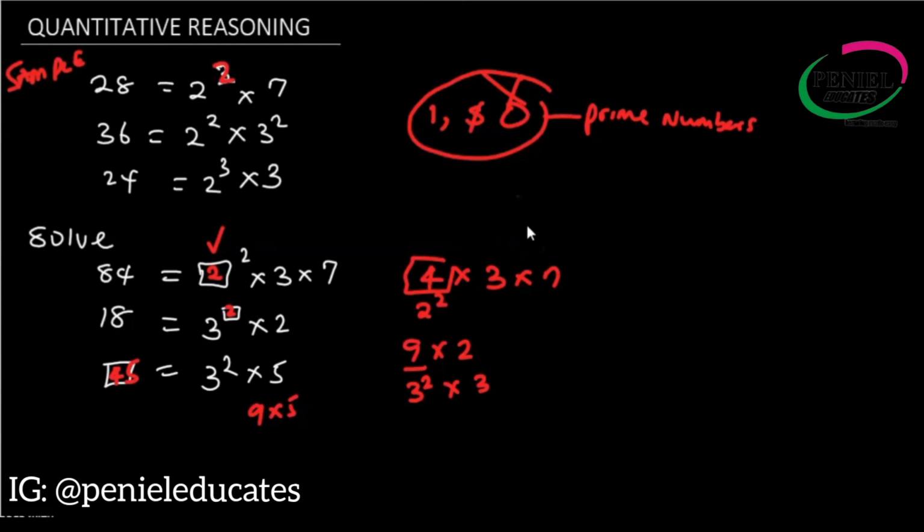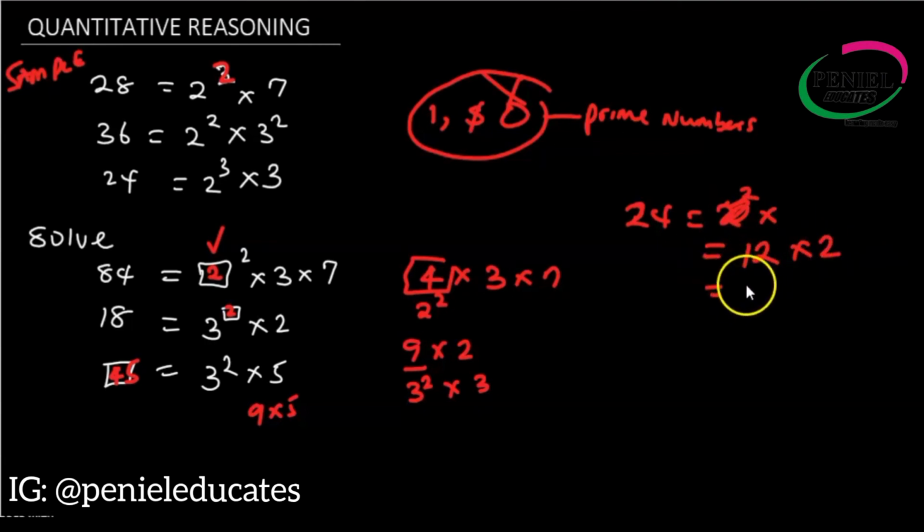We also discussed how to find common multiples. I discussed the repeated divisions and all that. And we also discussed how to express numbers in index form. You can express 24 as 2 raised to power 2 multiplied by 12, let's say, multiplied by 2.